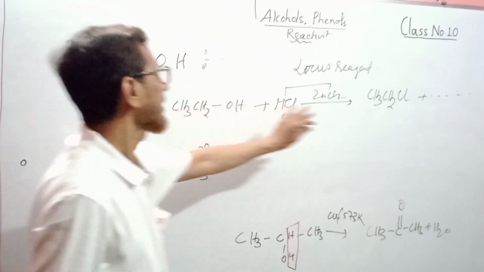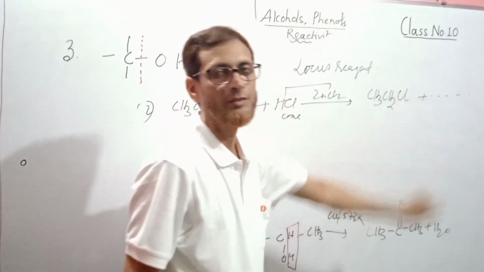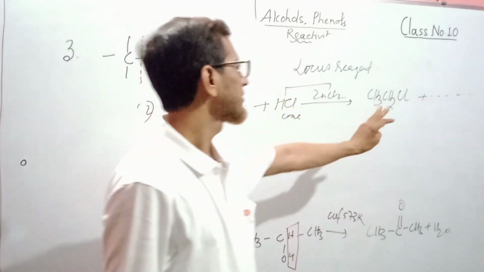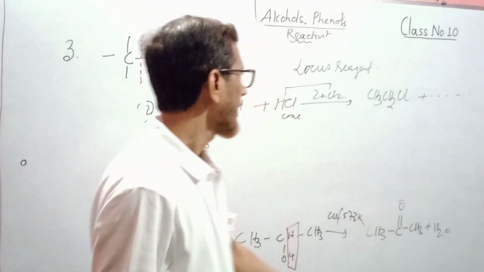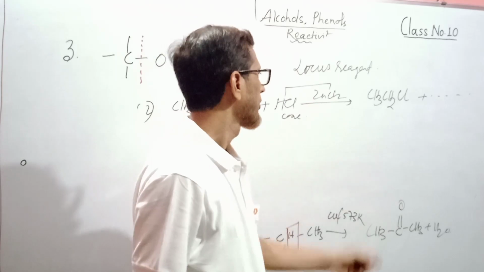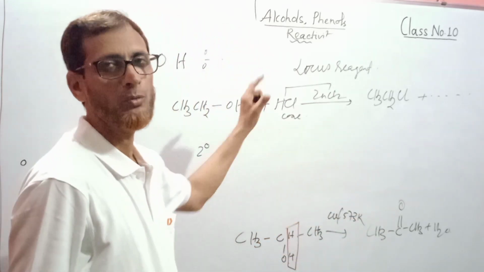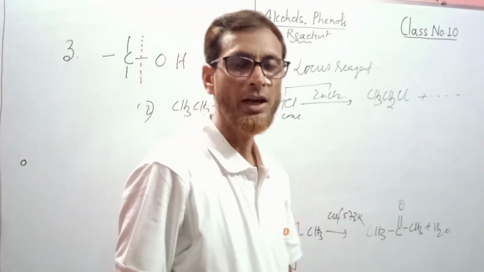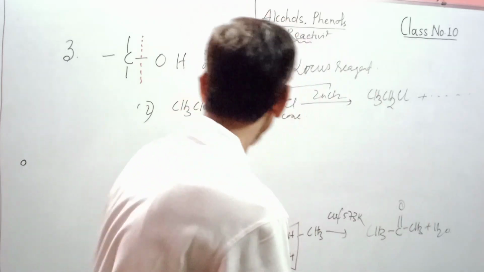When alkyl halide is formed, it is immiscible with water and gives turbidity. With this principle in mind, we can very easily distinguish 1 degree, 2 degree, 3 degree alcohol.